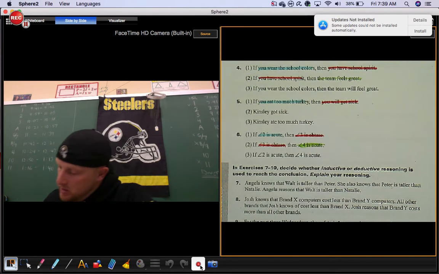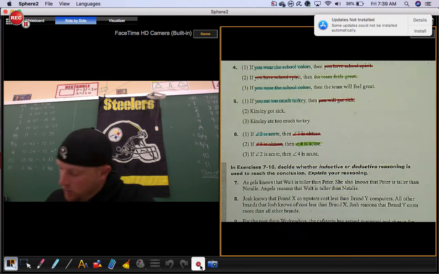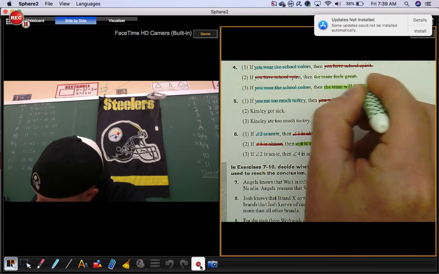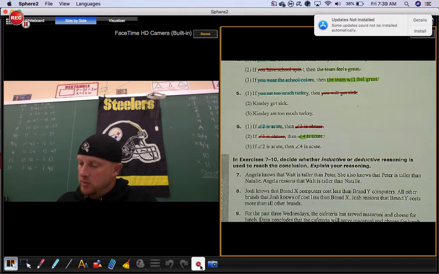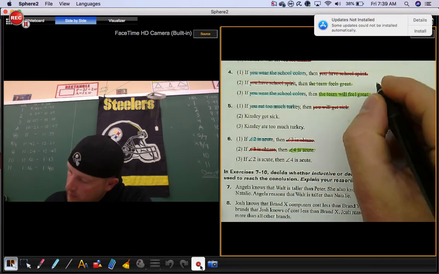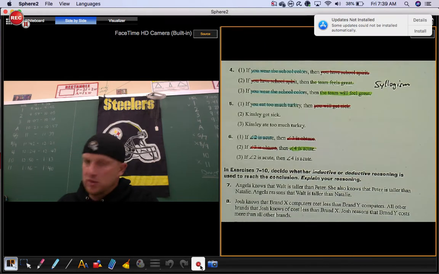So that means you can kind of eliminate those and go with if blue, then green. So if you wear those school colors, then the team will feel great. That's your law of syllogism.